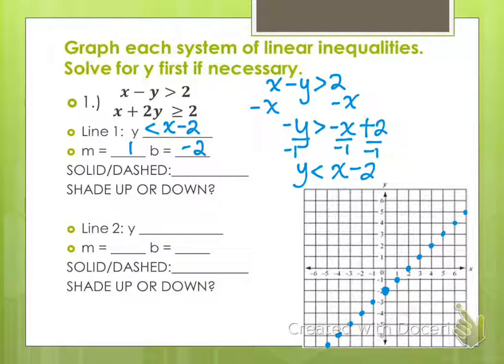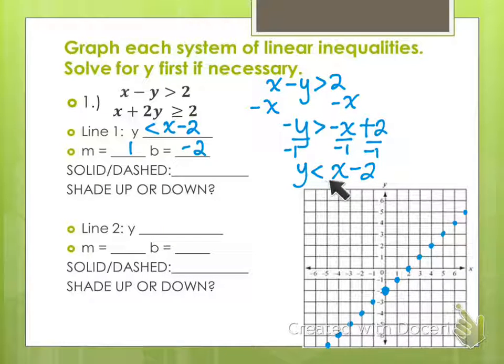We have to decide if that line is going to be solid or dashed. J. Riel, what do you think? Those are our options. So we look at the inequality symbol.